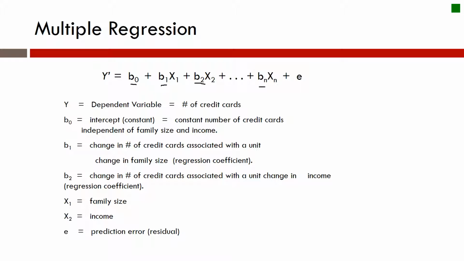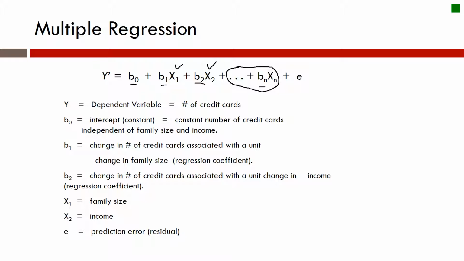In this example, we have the number of credit cards as a dependent variable, and then a series of regressors, like family size, income, and the associated betas that would go with them. We may also include a number of other ones here. So this could continue on and on.